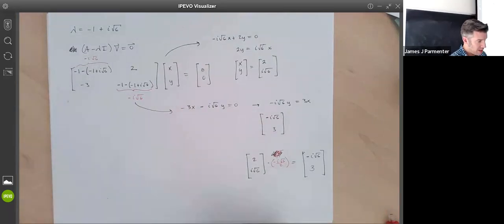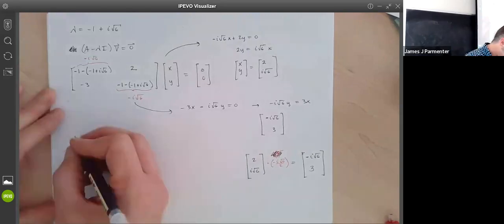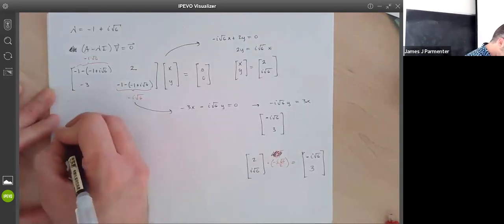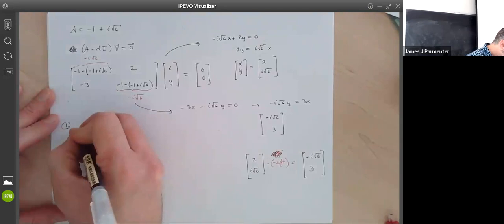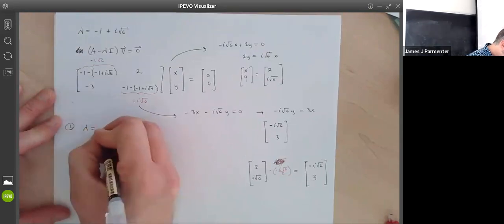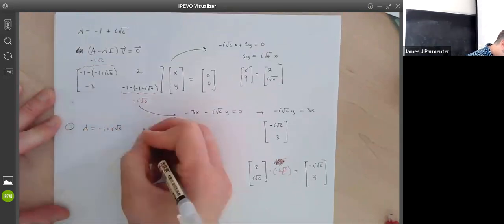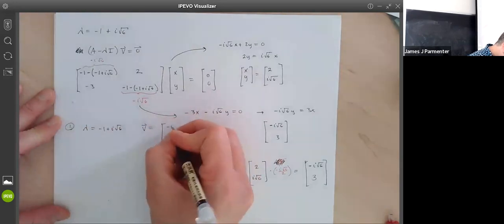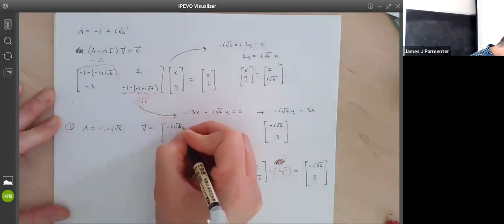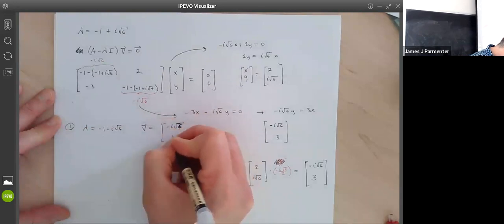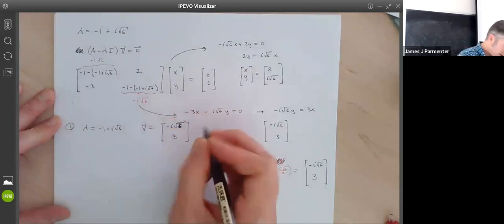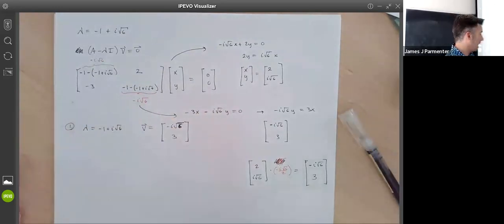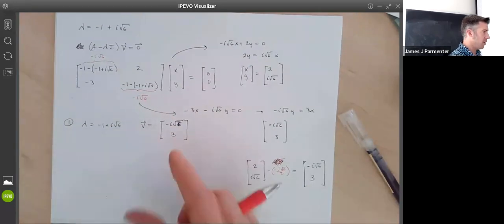All right, so now we've got all the pieces. Well, almost. We should do one more thing. So actually, we should do 2 more things. So first of all, I should point out, we found for this eigenvalue, this eigenvector. And then I should let you know that once you have one eigenvalue and one eigenvector, you have both.